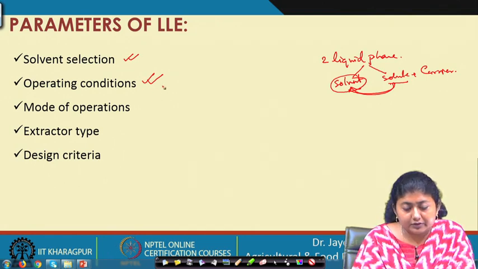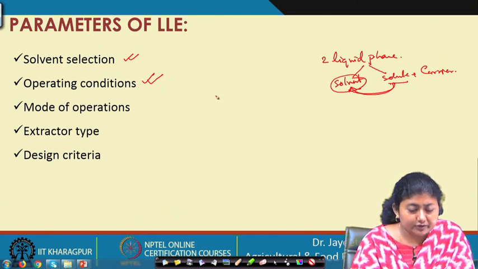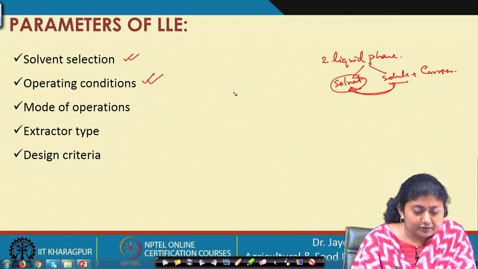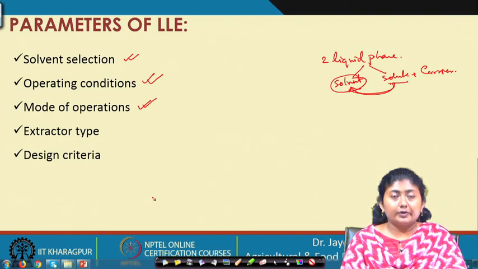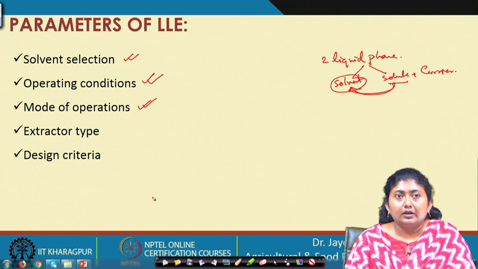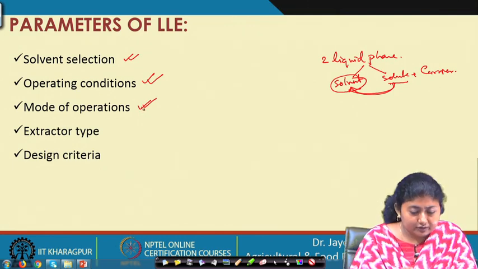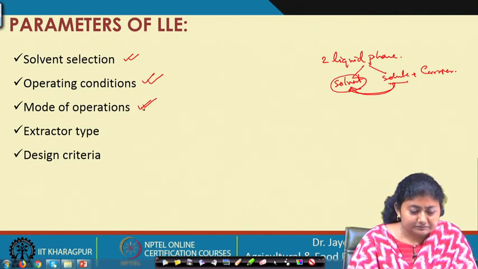It makes the sample less viscous, so mobility is increased. And mode of operation, in the sense of batch operation or continuous operation, then co-current or counter current operation. So, those will affect the efficiency of the liquid extraction process.